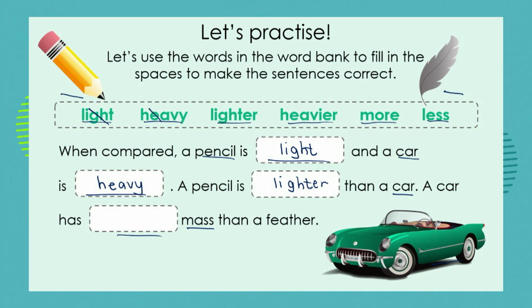So we want to know, does the car have more or less mass than a feather? Can you guess, grade ones? Very good. A car has more mass than a feather. This means that it is heavier than the feather.